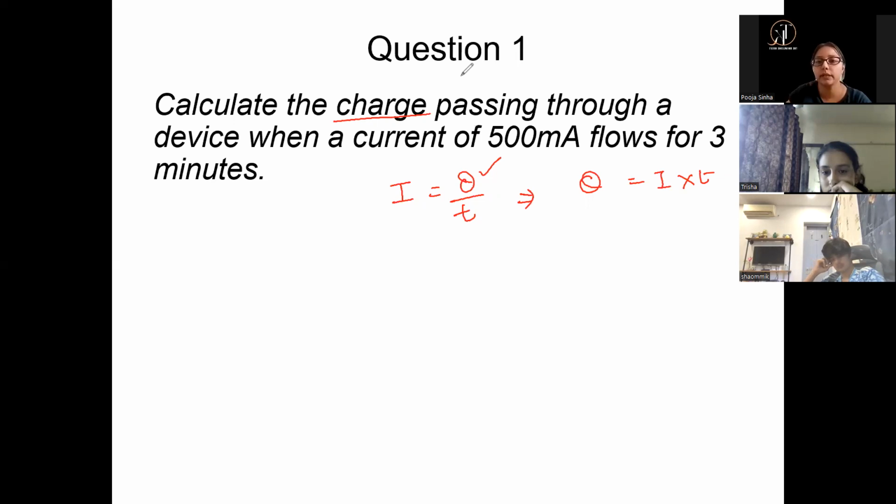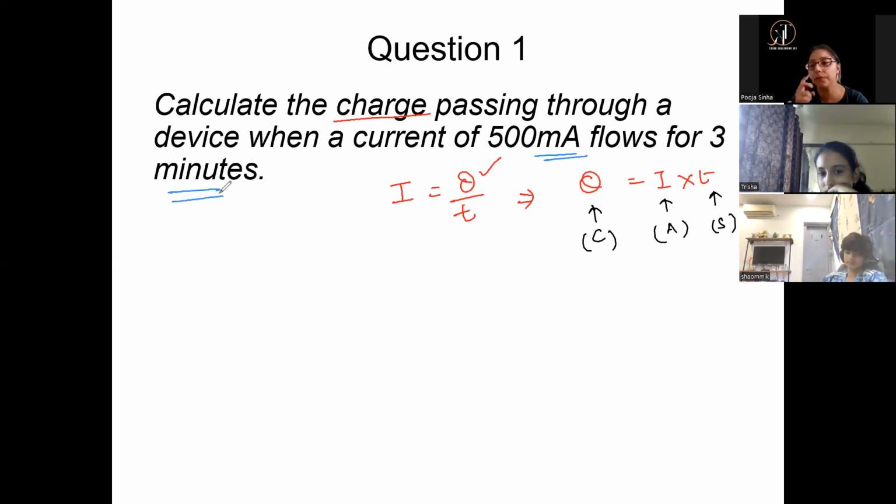Now important is that when we learned this, what unit did we give for this? Amperes, and for this? Seconds, correct? And for this? Coulombs. Now how is it given to us here? It's not amperes. In the question, it is given to us as milliamperes and minutes. Are we supposed to convert it? What is the difference between milliamperes and amperes?